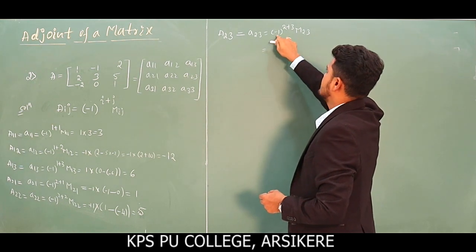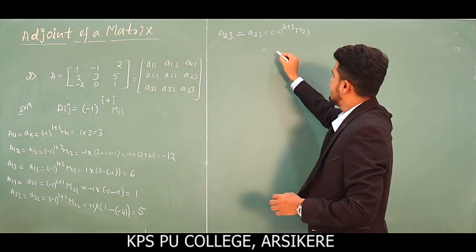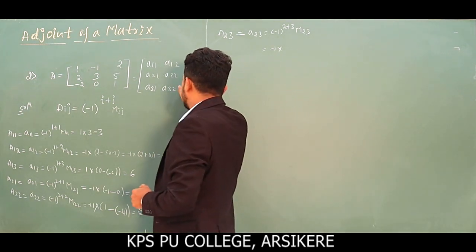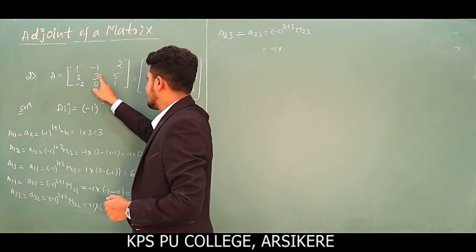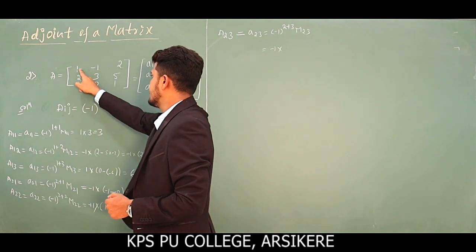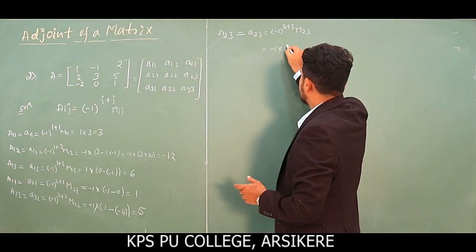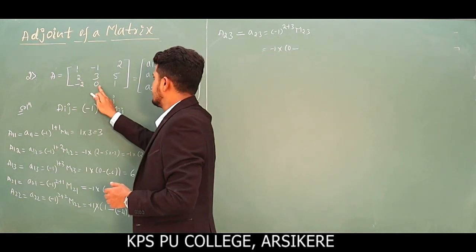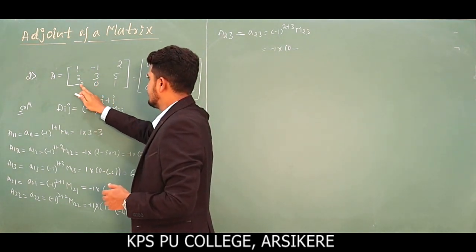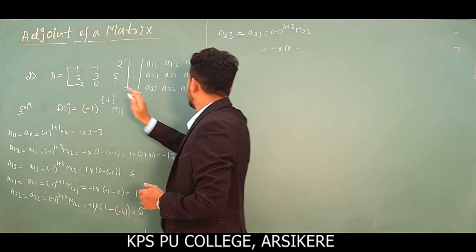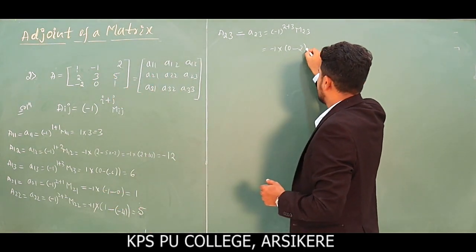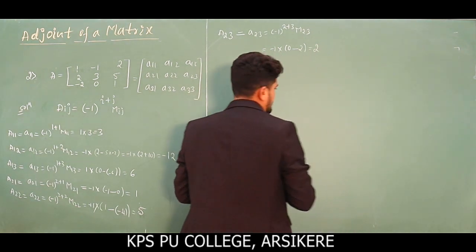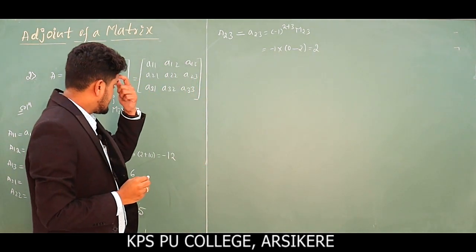So minus 1 to the power of 5, again minus 1 because it is an odd number. Then the minor M23, eliminating the ith row and jth column, so 1 into 0 minus of 1 into 0, so minus into minus plus 2, 2 into 1 is 2, which is equal to minus into minus plus 2.